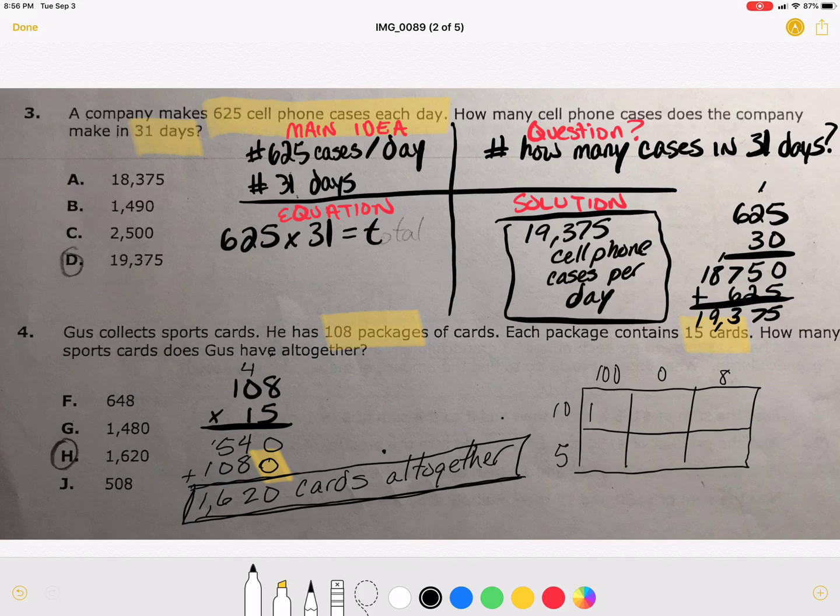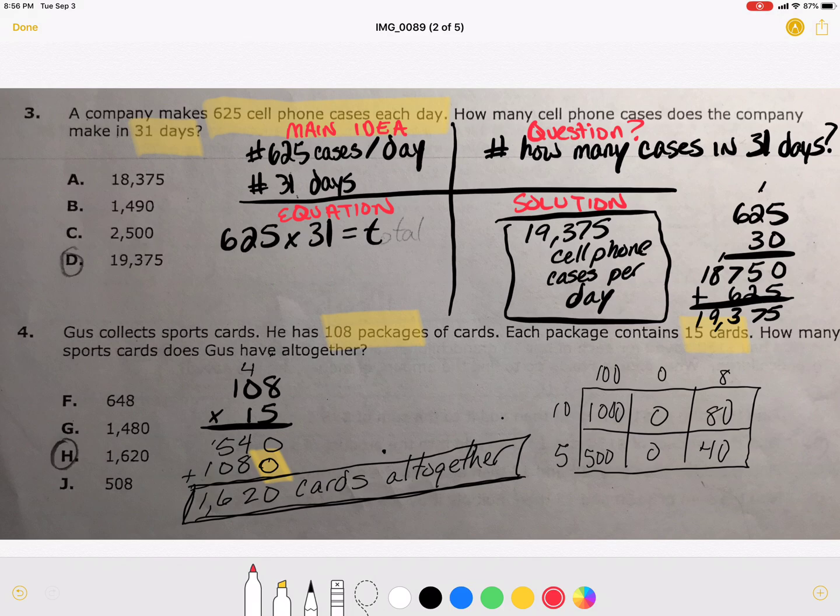Once you multiply that through, as we showed in a previous problem, you just add these all up.